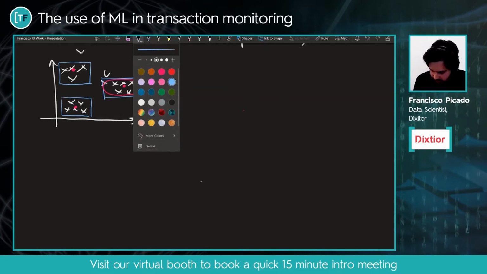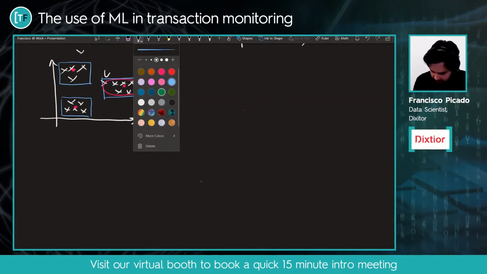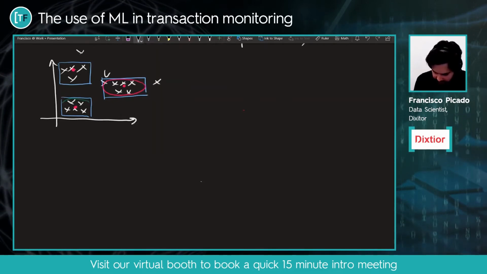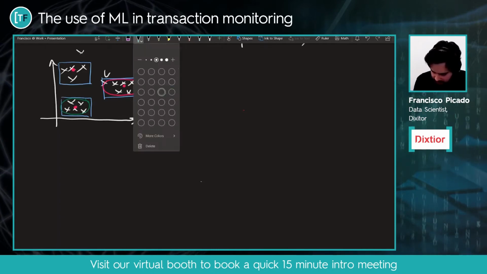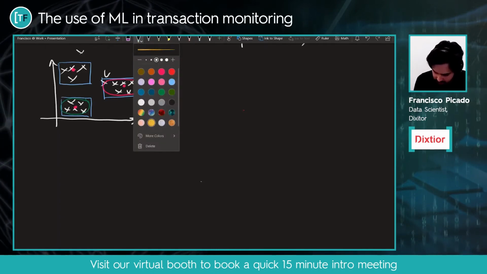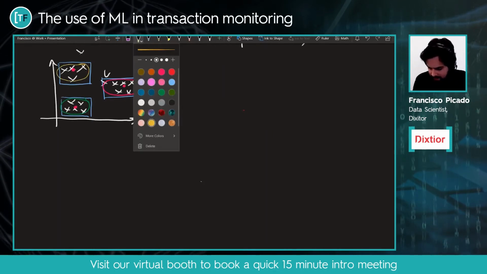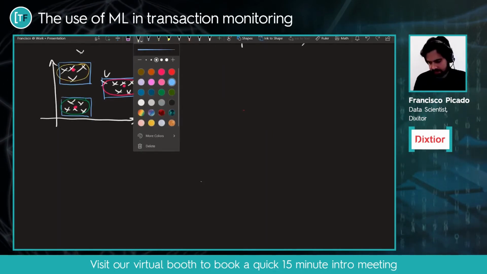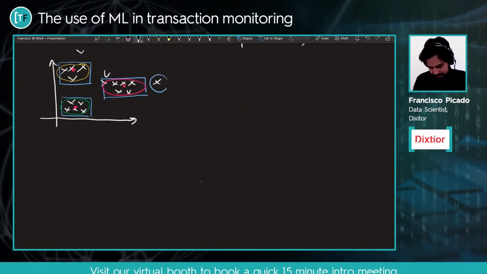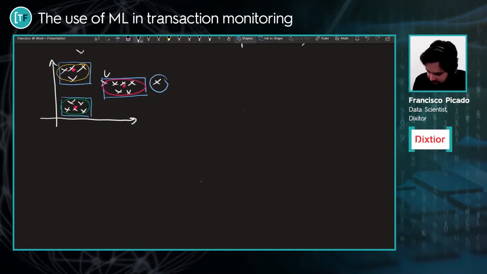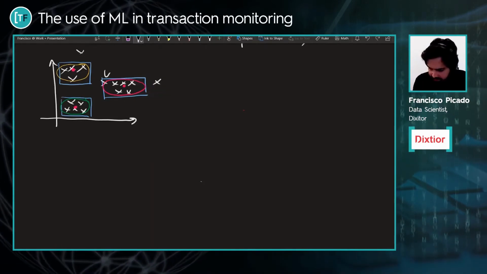And so we get this cluster over here, this cluster over here, and this cluster over here. And these other clusters that we've left outside the limits, let's not choose the same color.